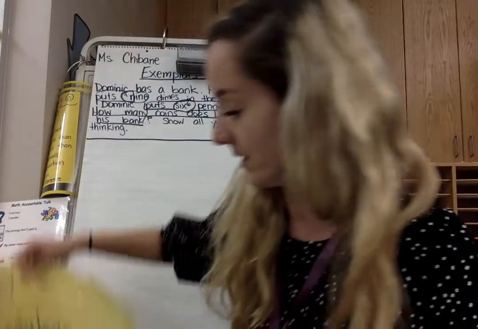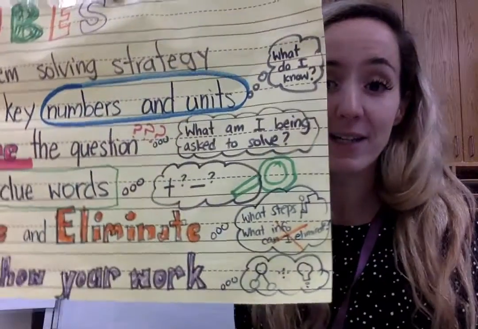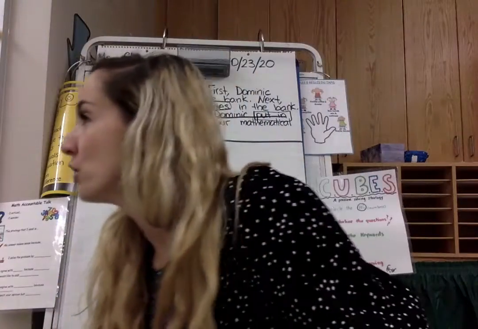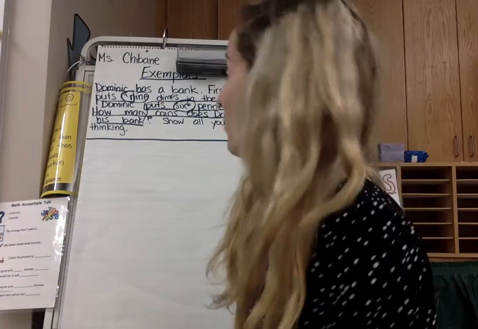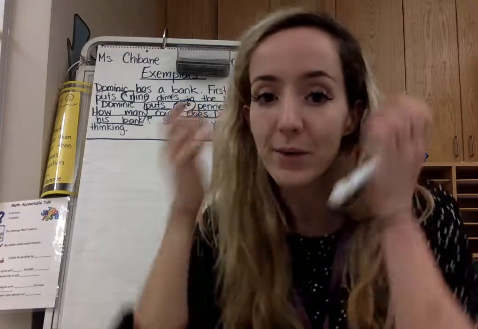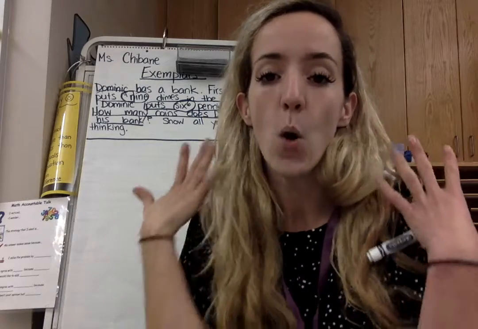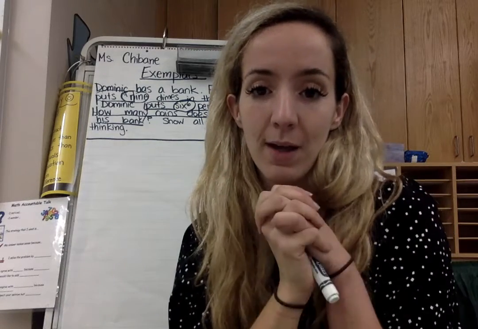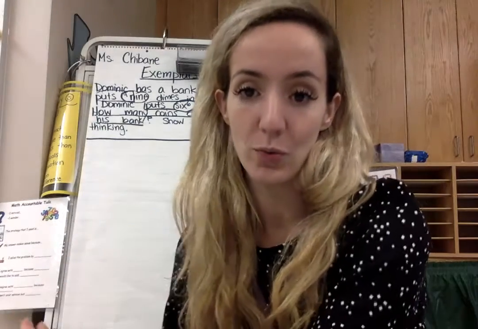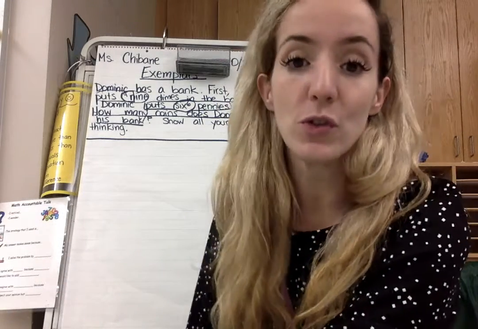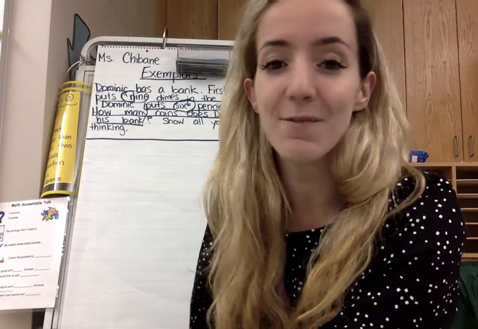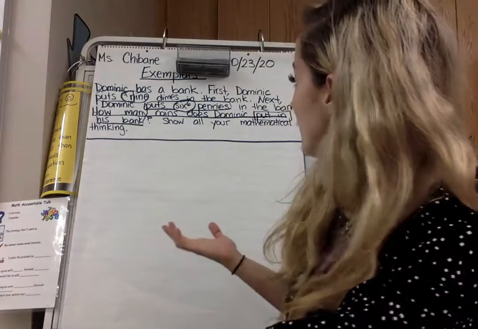But now that I've boxed them, I want to evaluate and eliminate. So what do I need to do? One really big question that we always need to ask ourselves is, what is this problem asking me to do? What is it asking me to solve for? What kind of math? What is the point of this question?